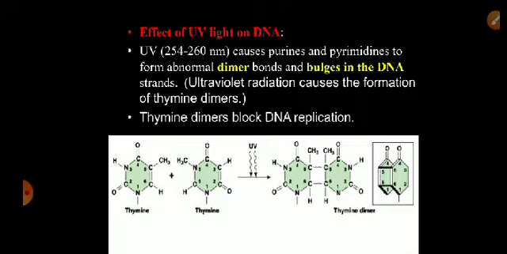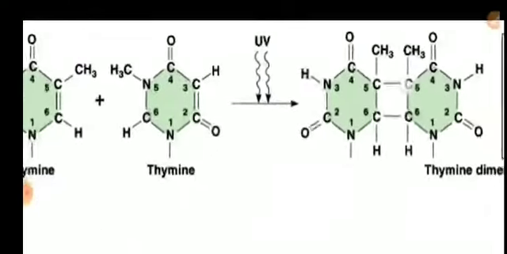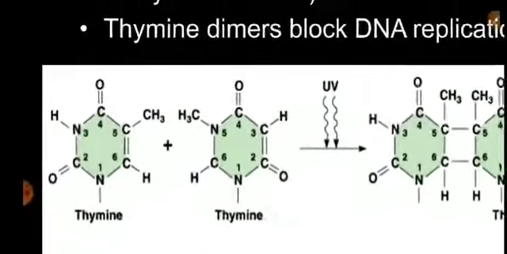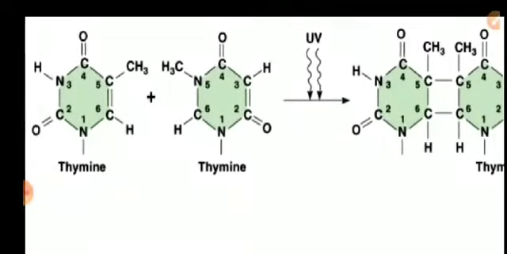Whenever a cell is exposed to UV light, the DNA may absorb the UV light, and generally thymine dimers are formed. If two adjacent thymine bases are present in the DNA strand, then the two thymine molecules, with the help of their 5,6 unsaturated bond, join each other and form a cyclobutane ring. You can see one thymine here, another thymine here.